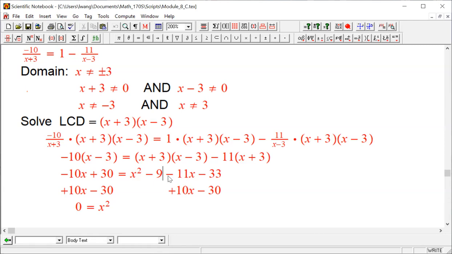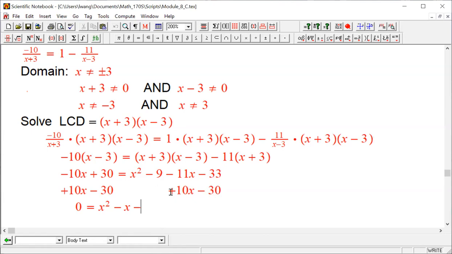minus 11x plus 10x. That's going to be minus x. Negative 33 minus 30 is negative 63.